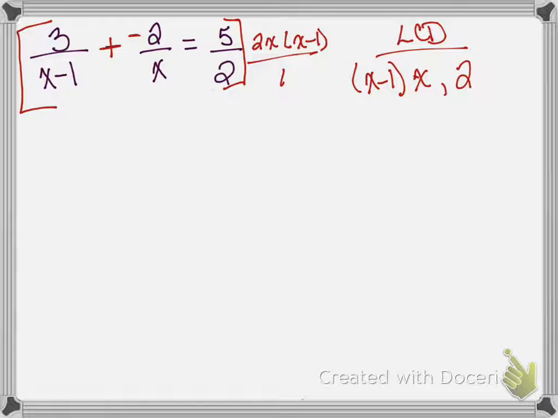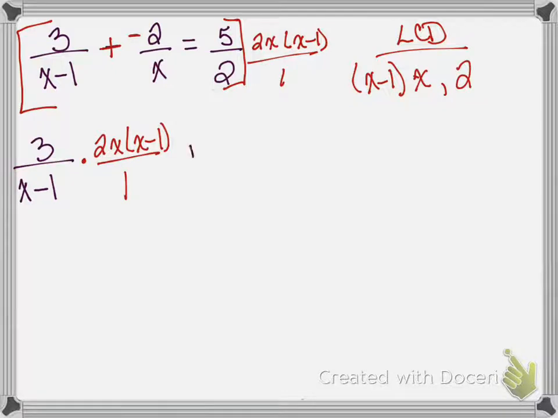Okay, so I'm starting over. So I have 3 over x minus 1. I am multiplying that times x minus 1, or I'm actually multiplying it times 2x times x minus 1. Okay, and that's over 1.